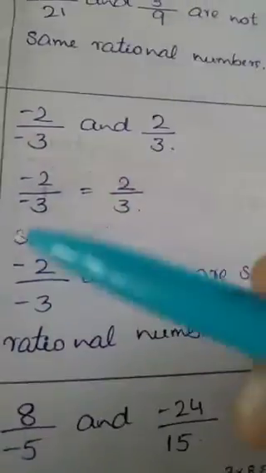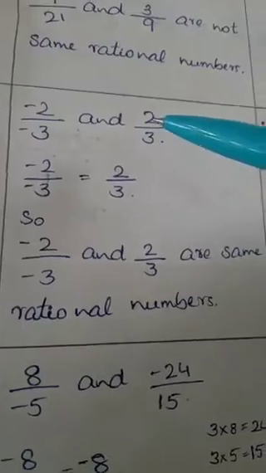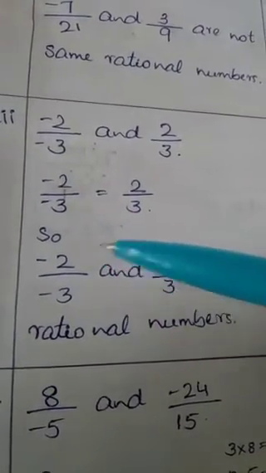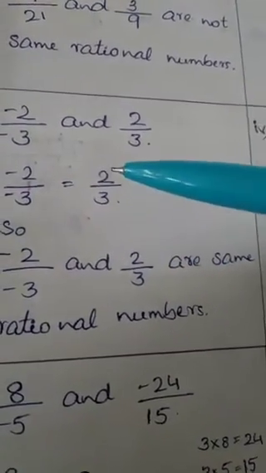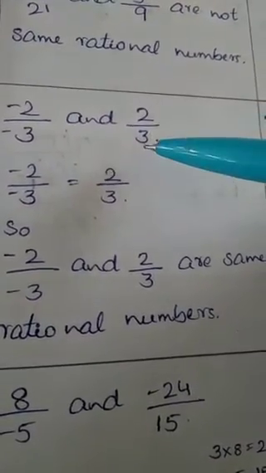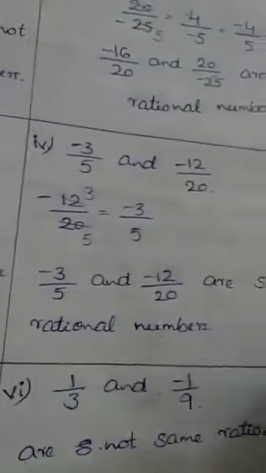Likewise, you have to do the other problems. Here negative 2 by negative 3 and 2 by 3. Negative 2 and negative 3 means both are negative, so it is a positive 2 by 3. The other one is also 2 by 3, both are positive, so they are the same rational number.